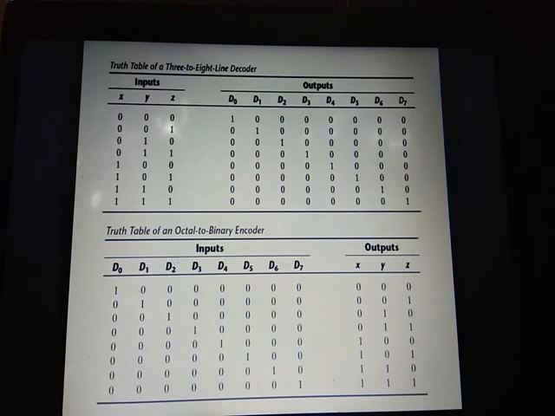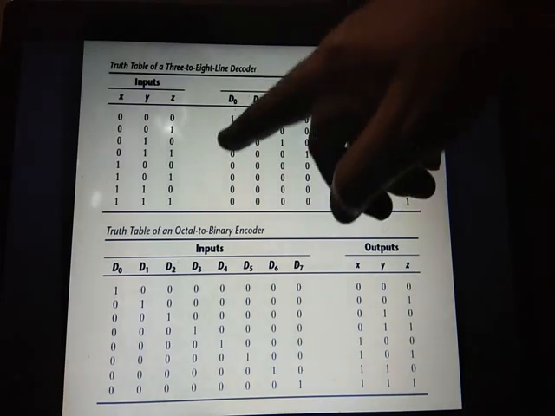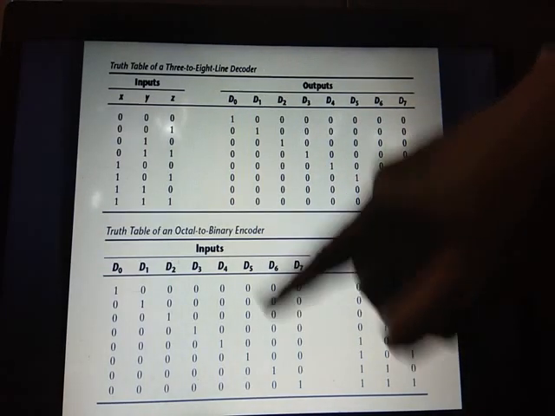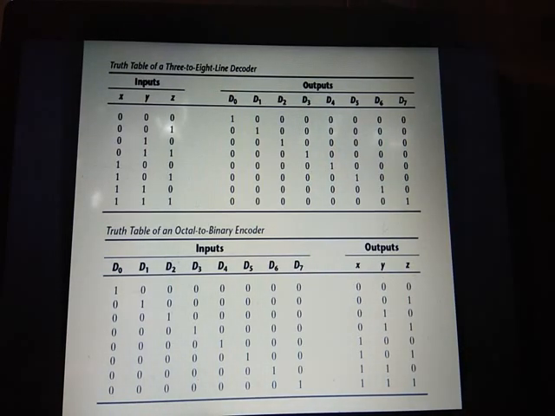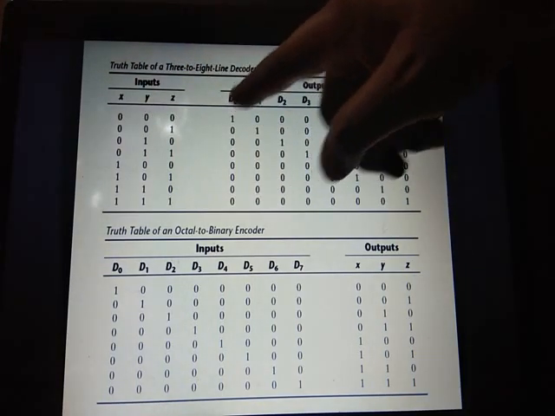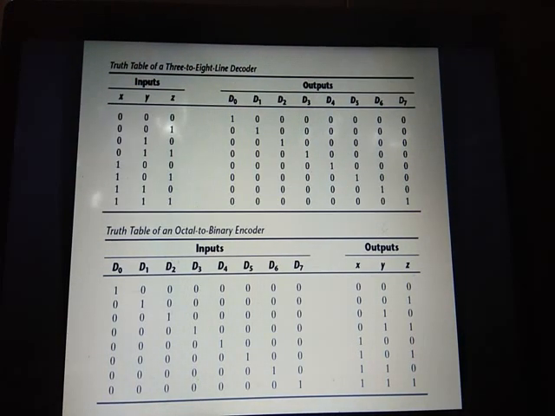We'll examine this one by using a truth table. This truth table is a decoder and this truth table is an encoder. Decoder takes 3 inputs and produces 8 outputs, D0 to D7.